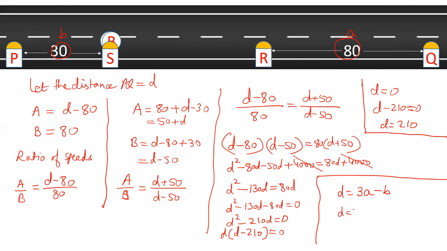Let's check this. A is 80 and B is 30. 3 into 80 is 240 minus 30, that is 210. Directly we can calculate by this formula 3A minus B.